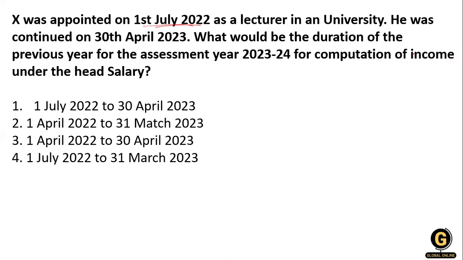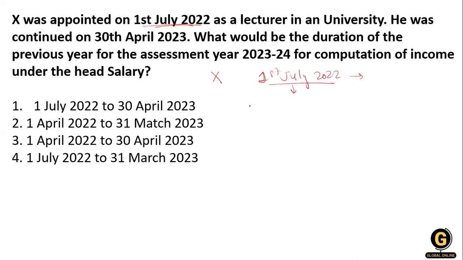The question is there is an income earned. You know that X was appointed from the 1st of July 2022, and the income is earned till December, in the current financial year 22-23.